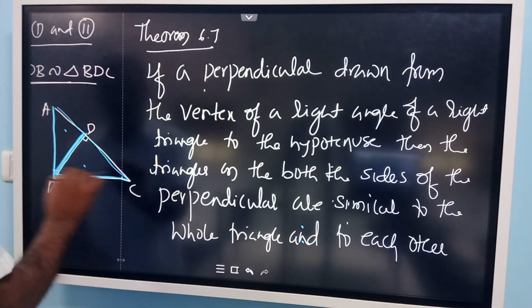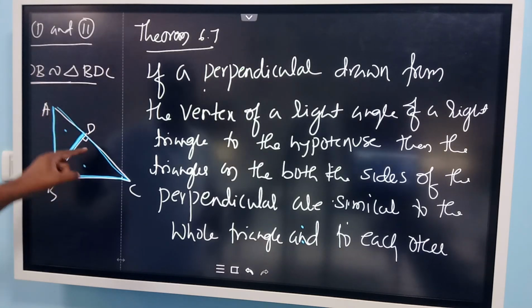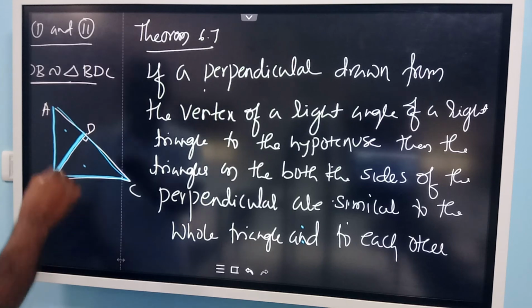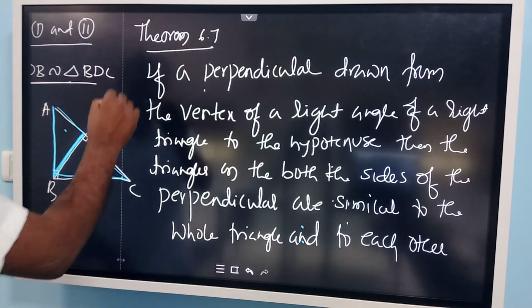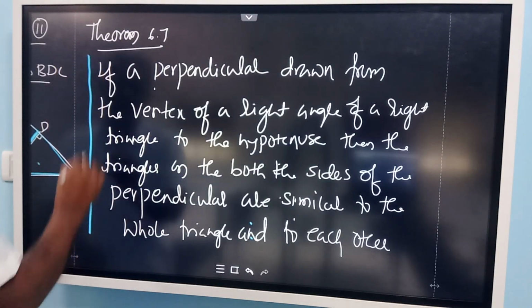We proved that ABD is similar to ABC and BDC is also similar to ABC. Then they are similar to each other. That is the statement we can conclude from this activity.